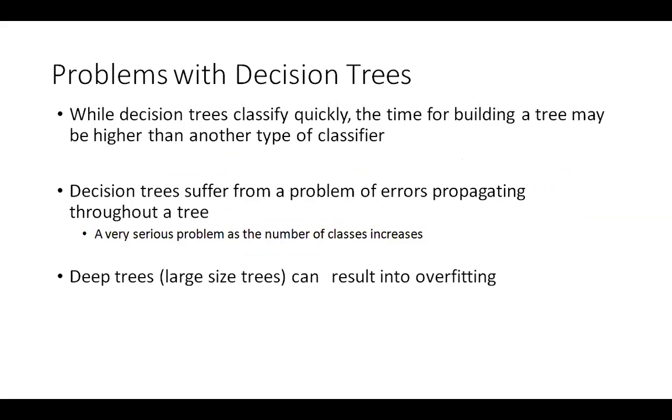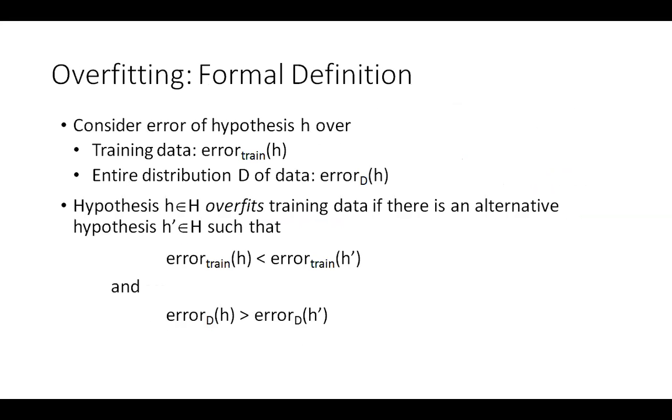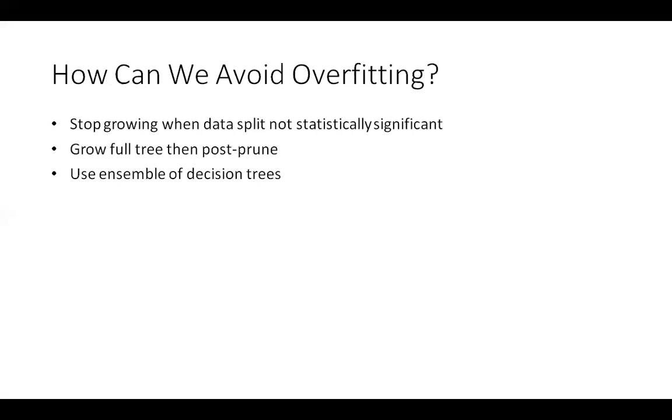A large tree size can result in overfitting, and if there is some error probability in the decision tree, it will create issues while taking the decision when you apply the classification, such as misclassification. There is overfitting in the decision tree, and we will see how you can avoid the overfitting. Now we'll move on to the practical session.